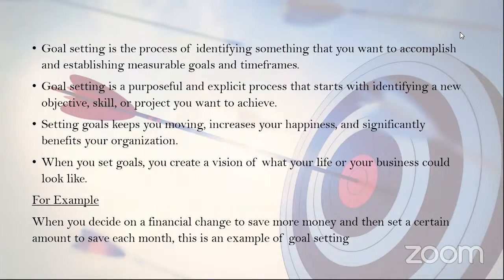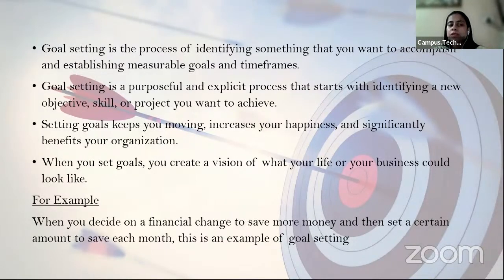So goal setting is a purposeful and explicit process, and it starts with identifying the new object, new skill, or new project you want to achieve. For example, you desire to buy a new car.